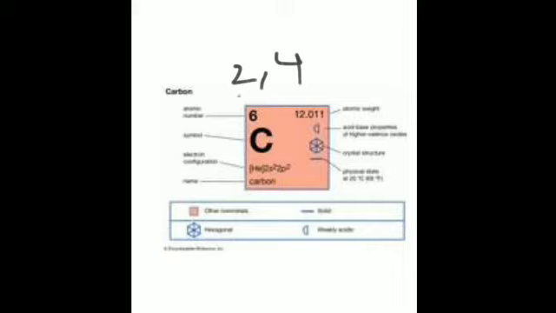So its electronic configuration is 2 and 4. It possesses 6 protons and 6 neutrons. Just because its electronic configuration is 2 and 4, atomic number 6, the number of protons is 6 and the number of electrons is also 6, and it has the mass number 12, so the number of neutrons is 12 minus 6, which is 6.